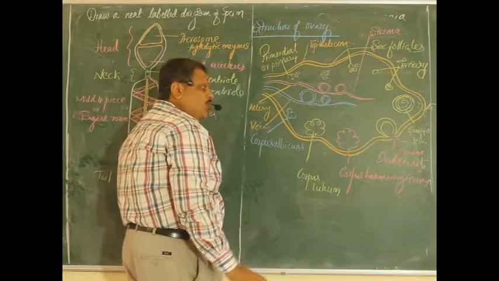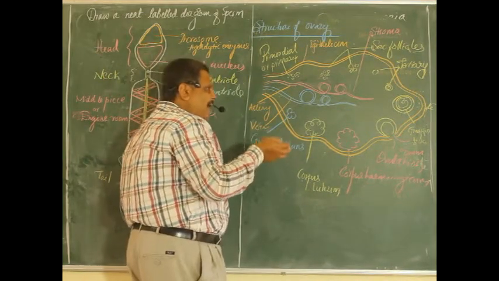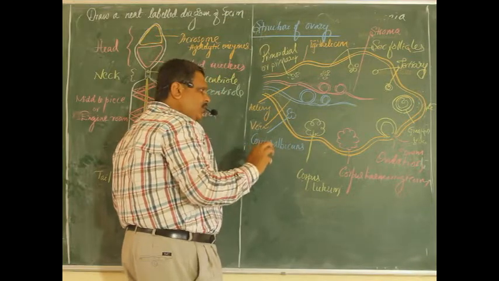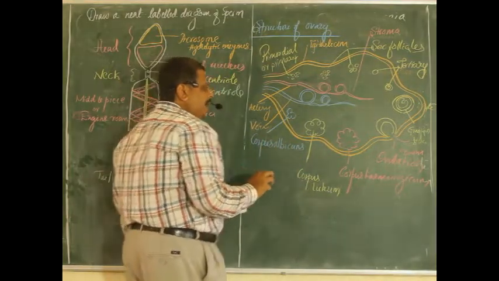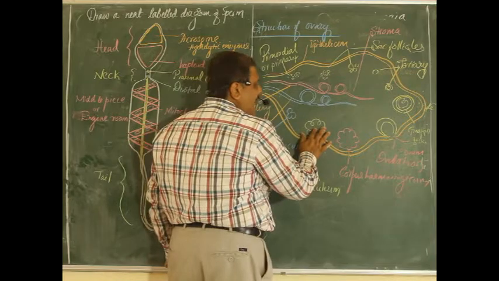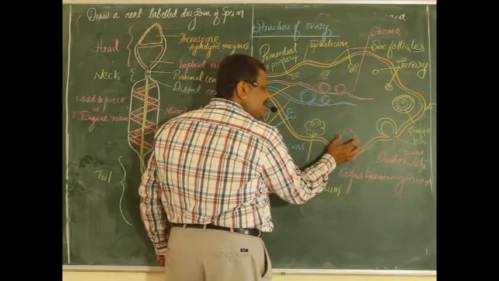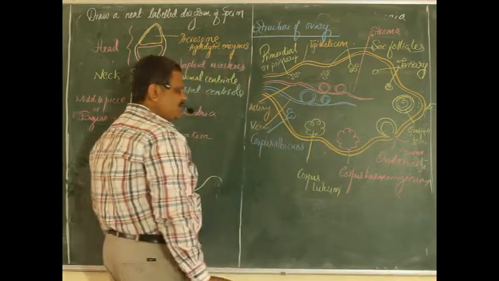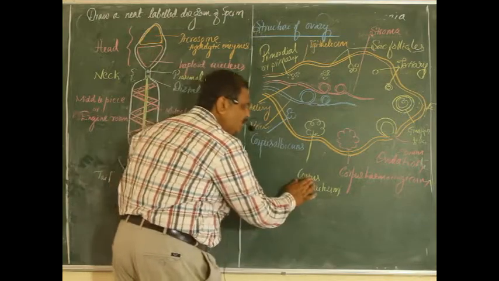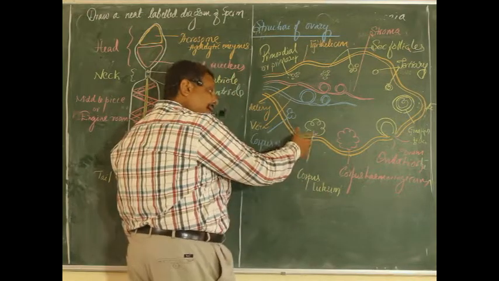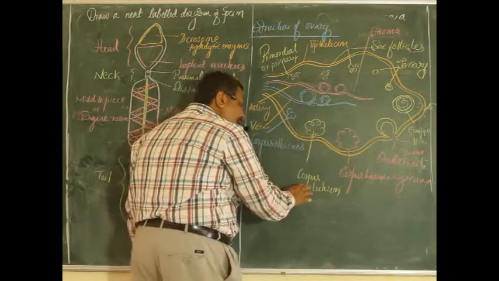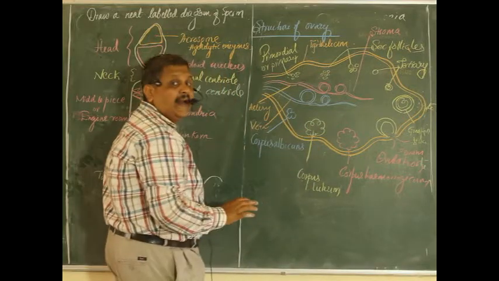And later, those cells of the blood will be converted into nutrient-rich cells and yolk-rich cells. This will change into a yolk-rich structure, that is called corpus luteum. Later, this corpus luteum, it is called the endocrine gland of the ovary.